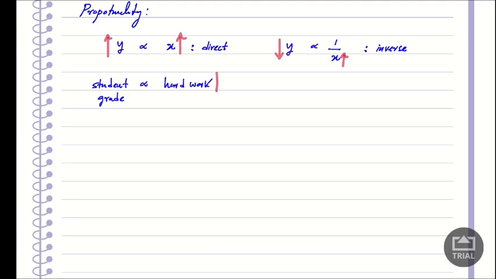When you do more hard work, you get more grades. Next one. Student grade is inversely proportional to the number of hours you sleep. The more you sleep, the more you fail.